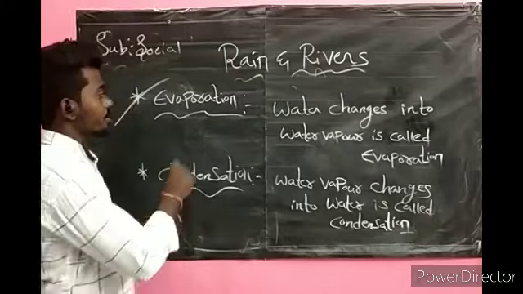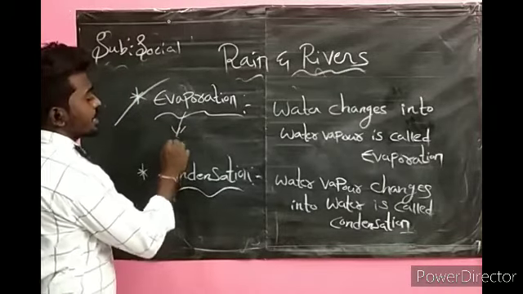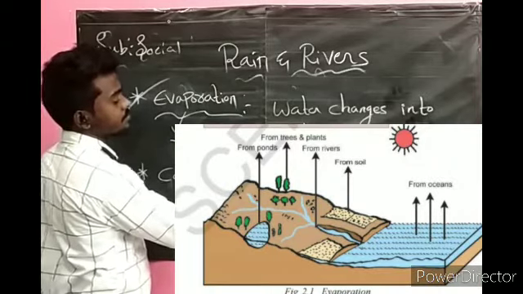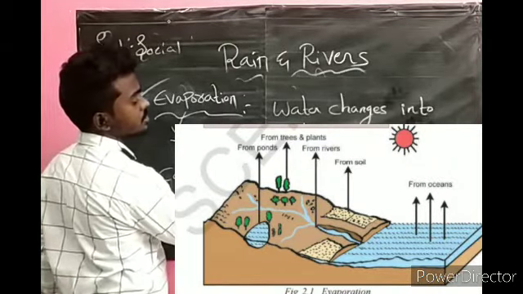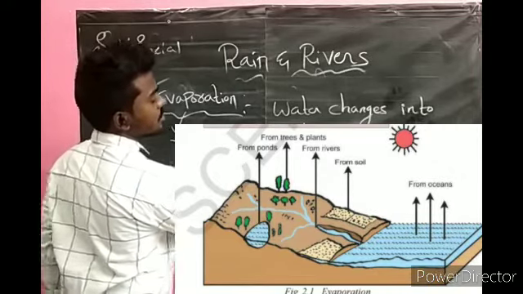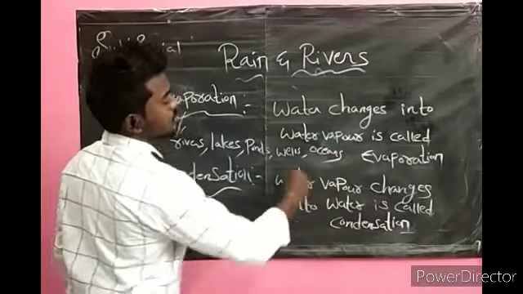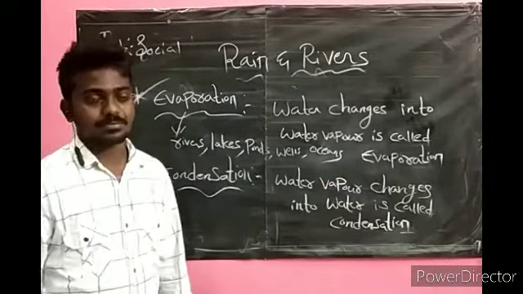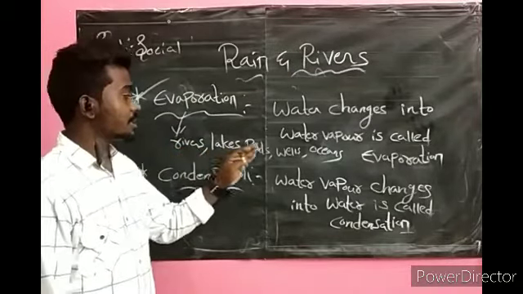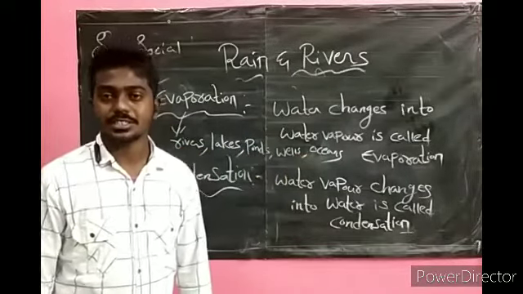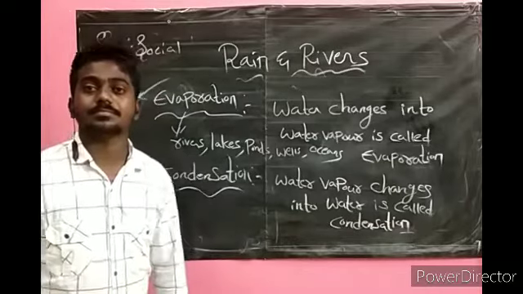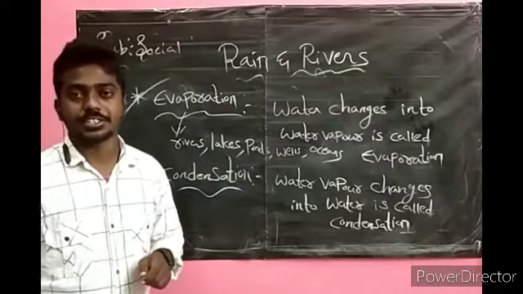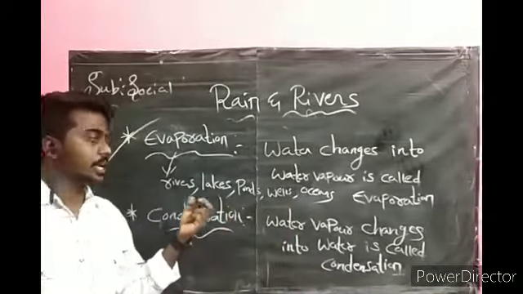The evaporation takes place in rivers, lakes, ponds, wells, oceans. Evaporation takes place in all these water bodies, and from our clothes.